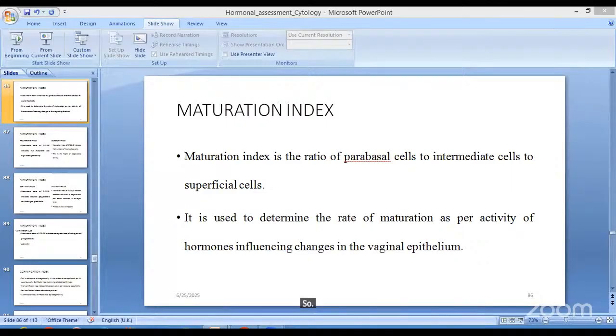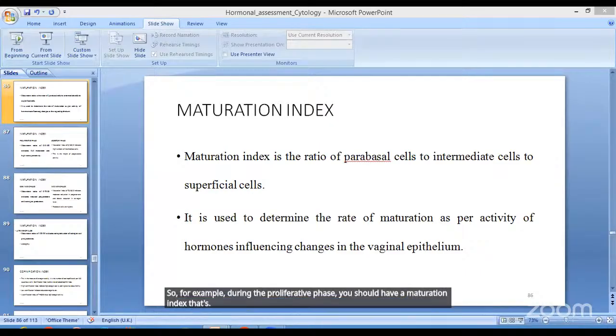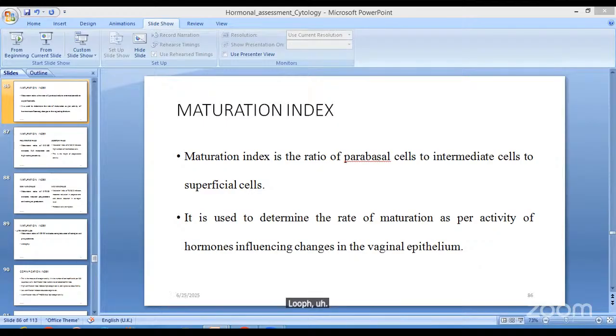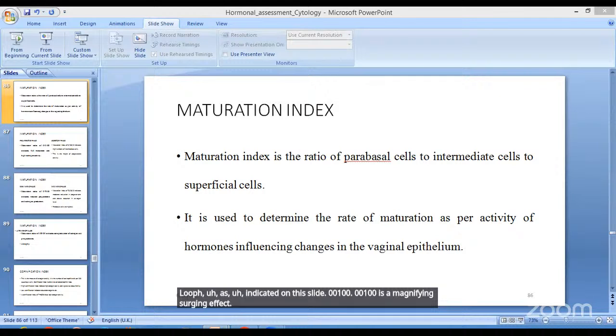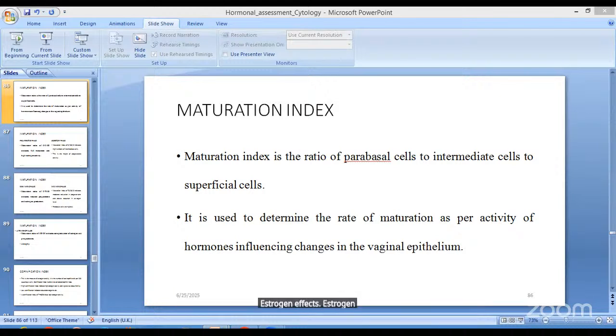So, for example, during the proliferative phase, you should have a maturation index that looks as indicated on this slide, 0-0-100. 0-0-100 is a magnifying estrogen effect. So it means estrogen activity is very high.